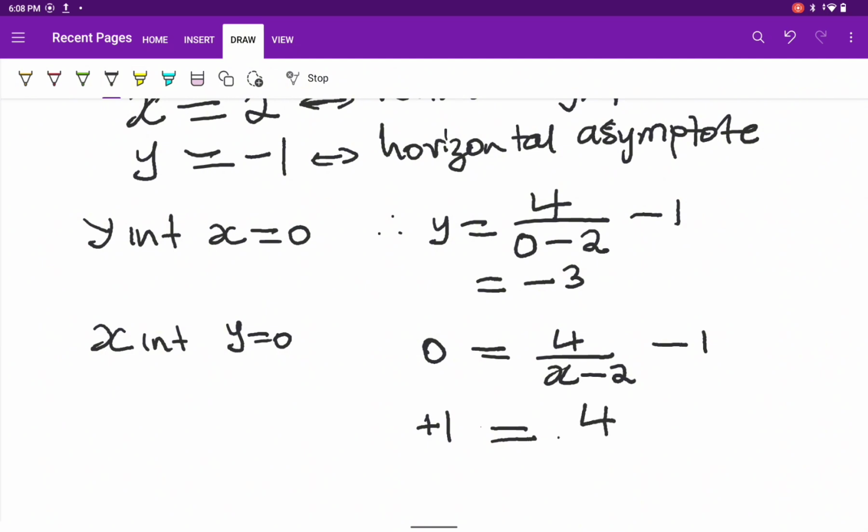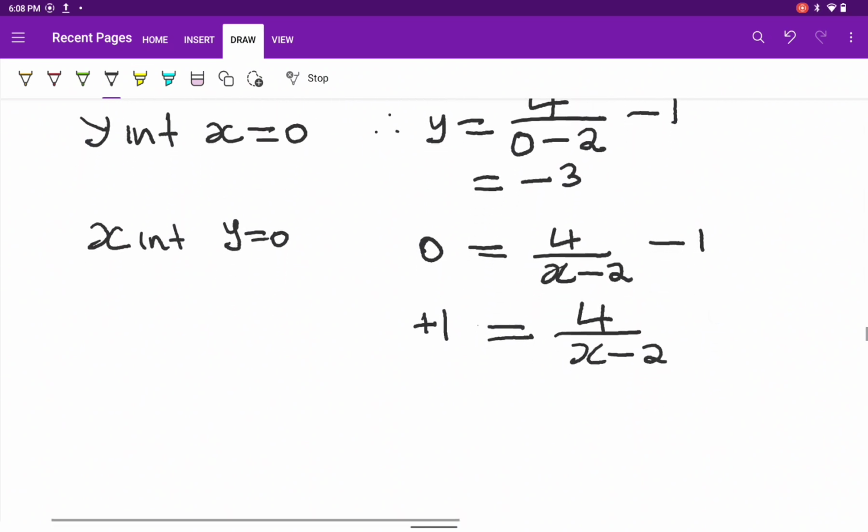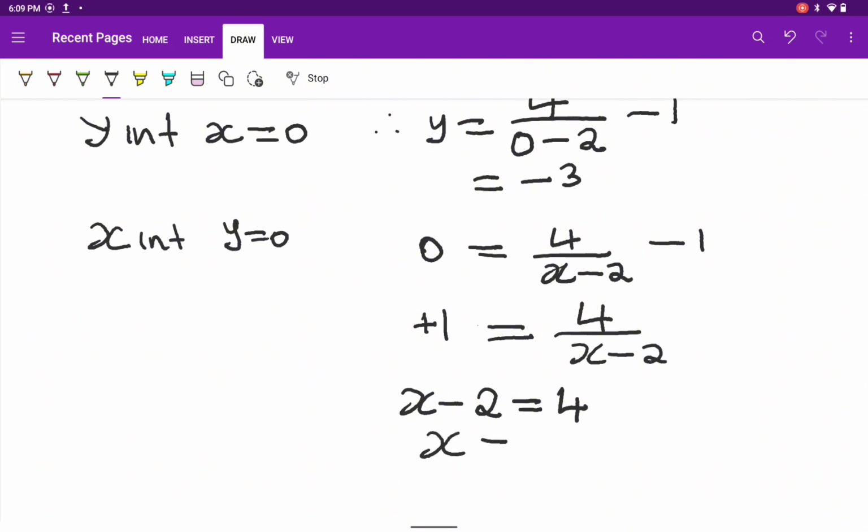So we have 4 over x minus 2, and then we can multiply both sides by x minus 2. So we will have x minus 2 equals 4 as we cross multiply. Taking the 2 to that side, the x value will be 4 plus 2, which is 6. So we have our intercepts at -3 for y and 6 for x.